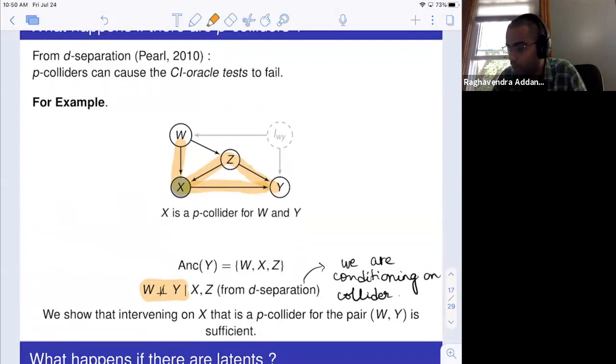So what we argue is that one way to remove this effect is to intervene on these P colliders. If we had known a priori what P colliders are, we could have not conditioned on them. Because we do not know which ancestors are P colliders, we intervene on them.